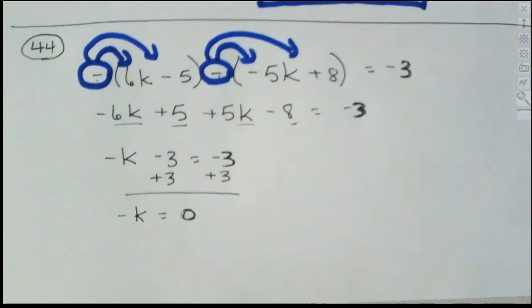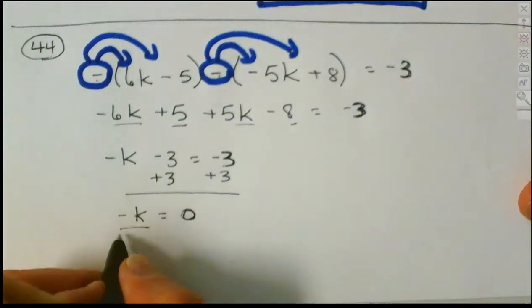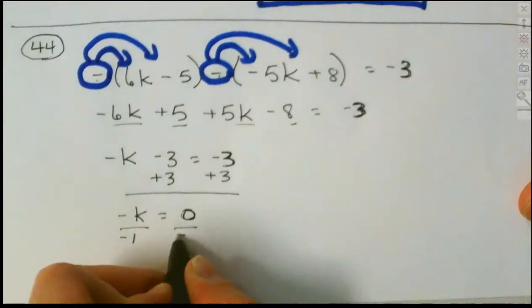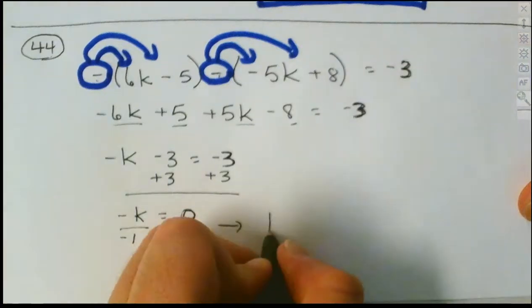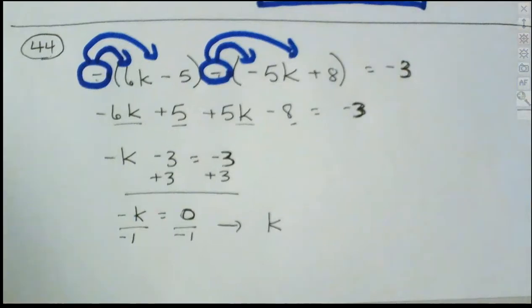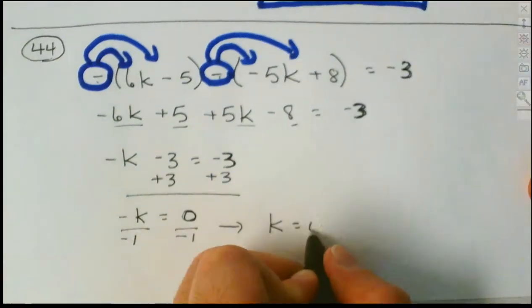No, it has to be the variable by itself. So how do I get rid of that negative? I divide both sides by a negative 1. So that makes it a positive k. And what about 0? Well, 0 divided by any number stays 0. So the right-hand side is going to be 0.